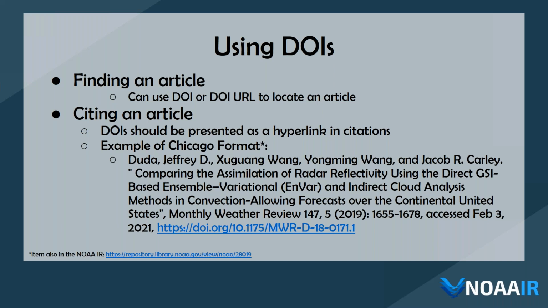This particular item is also included in the NOAA IR, and I've included that link at the very bottom if you'd like to take a look at the item. This shows that DOI link at the end of the citation and when it was accessed, February 3rd, 2021. So just a quick reminder for everyone on how to use DOIs.